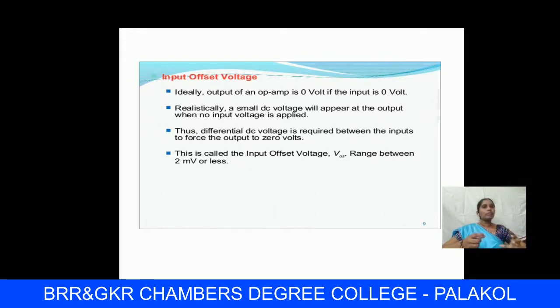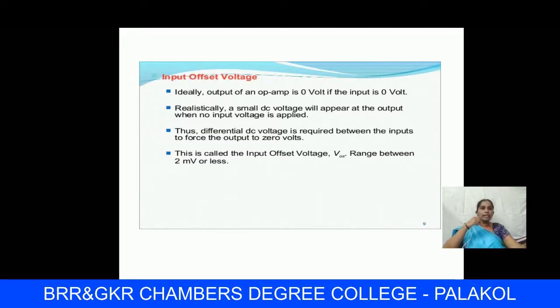That required voltage is called the offset voltage. The range of the offset voltage is 2 millivolts or less. Okay, so this is the input offset voltage.